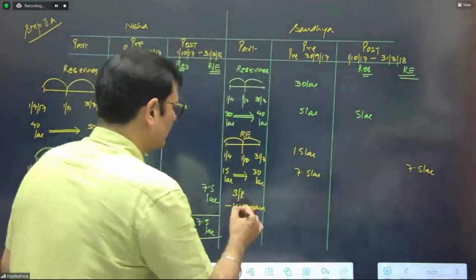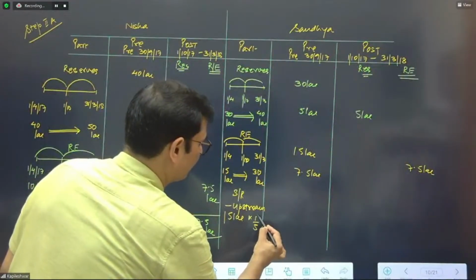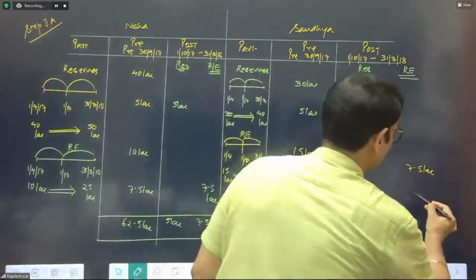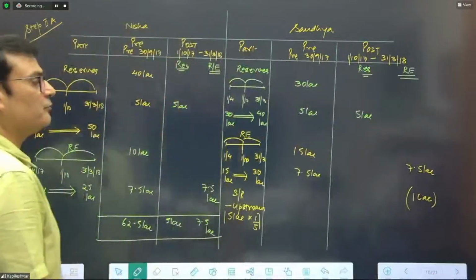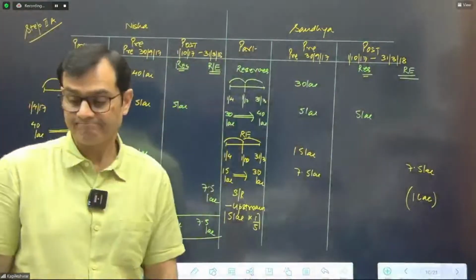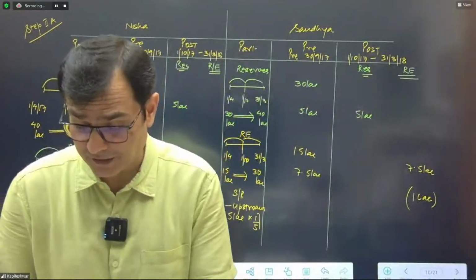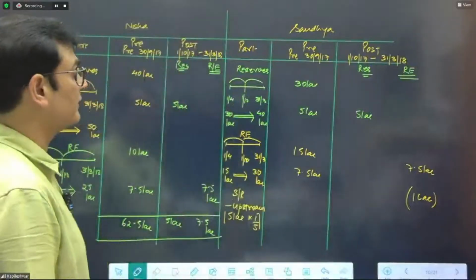So on the inventory of 5 lakh rupees, the profit is 1/5 on sale. So you've got to eliminate this 1 lakh rupee out of the post-acquisition retained earnings column. I guess that's it. There is nothing else which is further given. So I think my analysis of the equity is done.